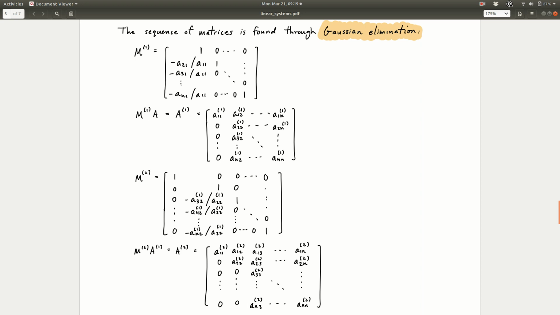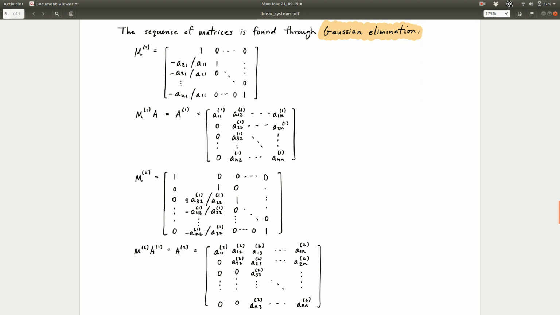And you can see the pattern's very similar. So I won't go through the details of the multiplication, but you can do that yourself. What this ends up doing when you multiply it by A1 is you leave these zeros untouched, they remain zeros, but it eliminates the entries below the diagonal in the second column. So I'll leave that to you. It's the same sort of thing.